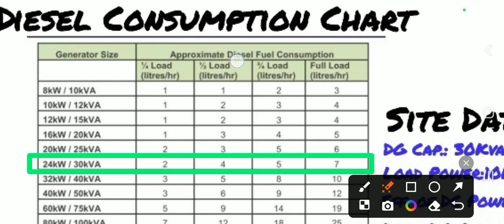If we load it at half, which is 50% utilization, we have 4 liters of diesel consumption per hour. At 75% loading, we have 5 liters per hour, and full loading will give us 7 liters per hour.